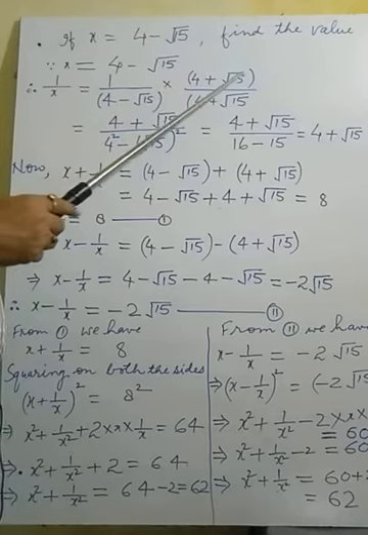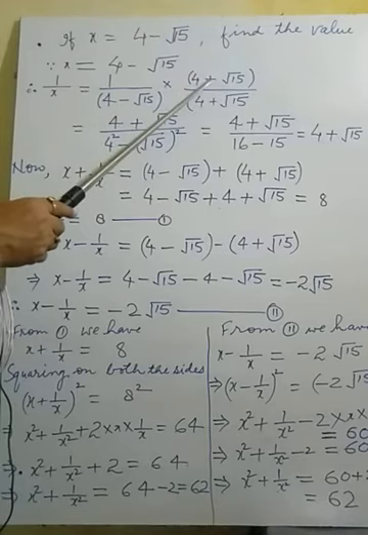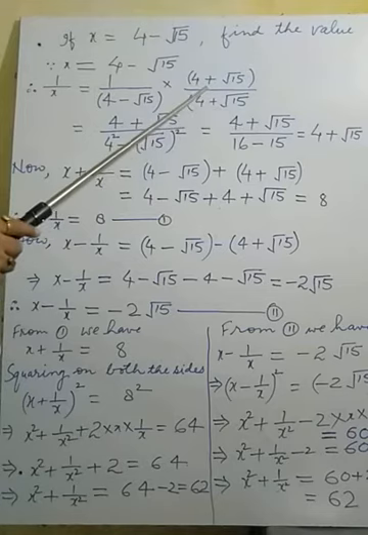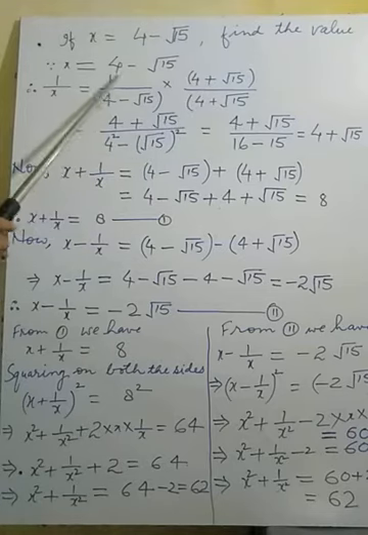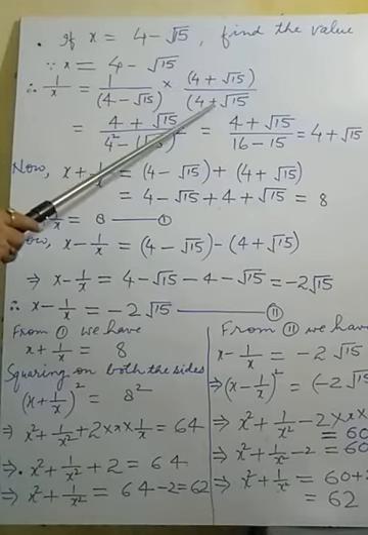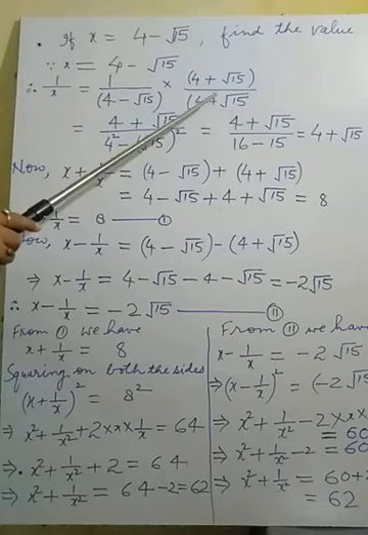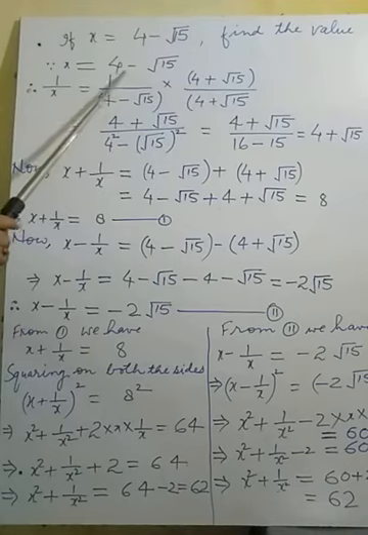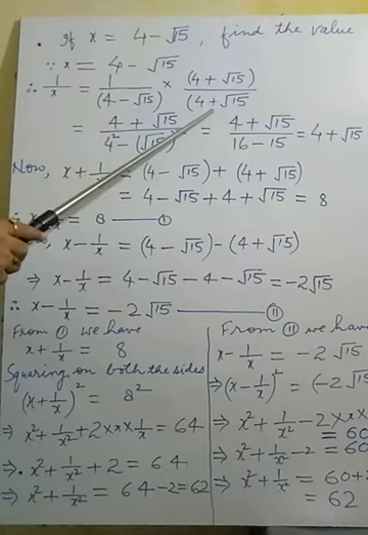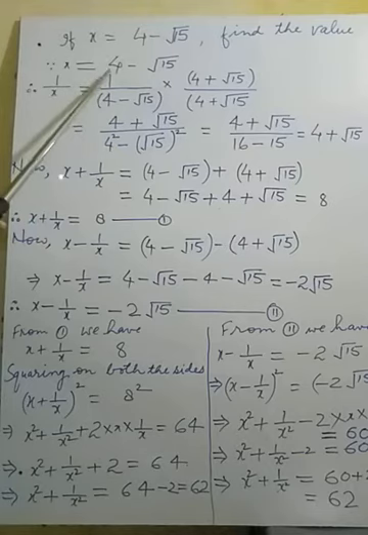With this conjugate, we have to multiply numerator as well as denominator, because if a fraction is given and you multiply a fixed number to numerator as well as denominator, there will not be any impact upon the value, because this will cancel with this one, and ultimately it will be 1 upon 4 minus under root 15.